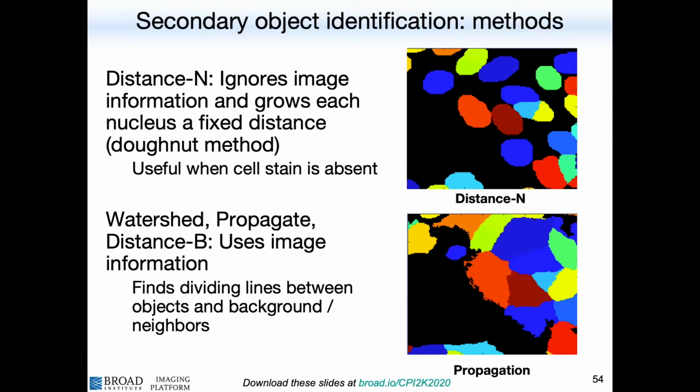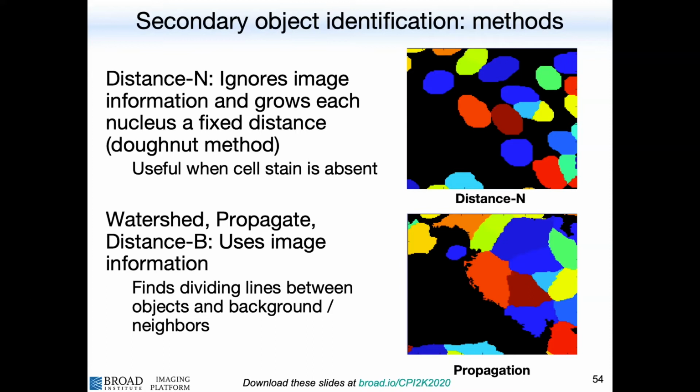Distance N draws equally sized circles around each nucleus. This is useful when you don't have another cell stain that you can use reliably to determine the cell boundaries. There are other methods: watershed, propagation, distance B. Distance B uses a combination of distance from the seed object and the intensity that is present there.